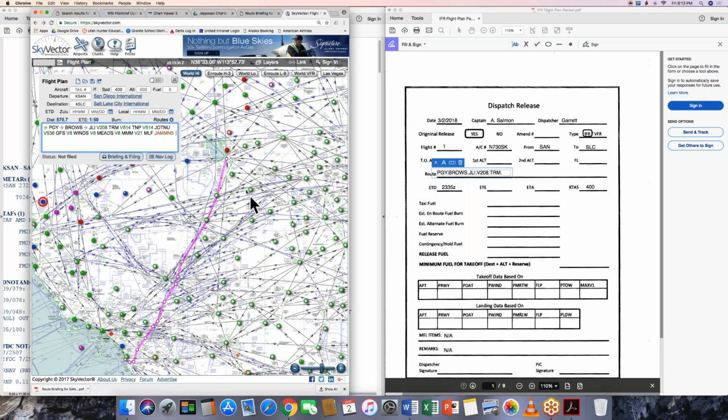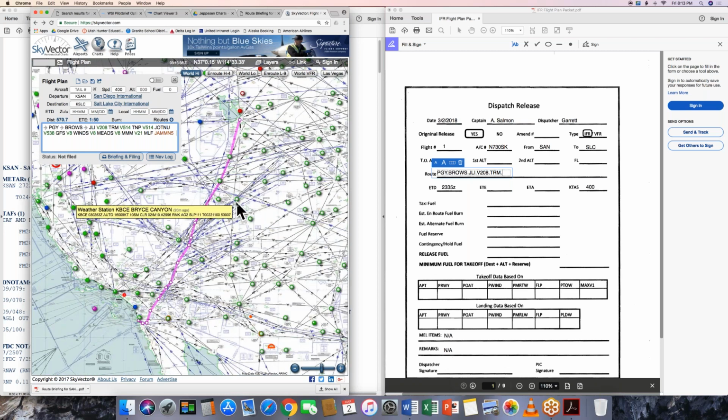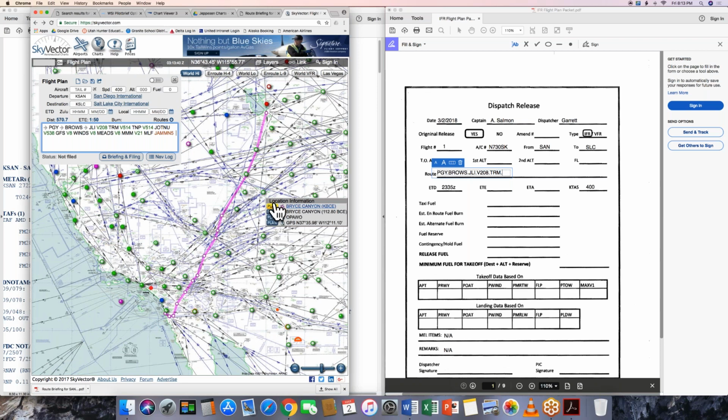My flight plan took about four hours to do. Well, no, it took about three and a half, and then we did about 45 minutes going through the oral side of it. Oh, for your practical? Yeah, for the practical. Wow.